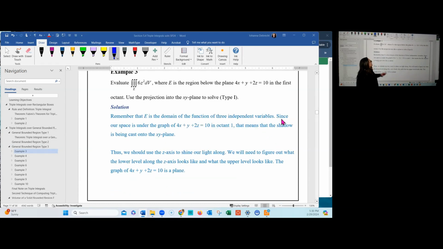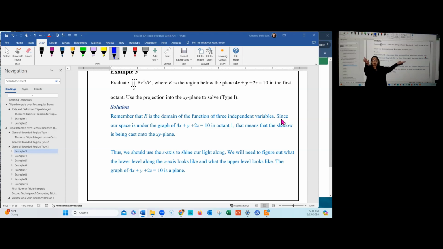In example 3, we want to evaluate a triple integral over some region of the function 6z squared with respect to dV. E is the region that's below the plane given by 4x plus y plus 2z equals 10 in the first octant. Remember that we have 8 octants.